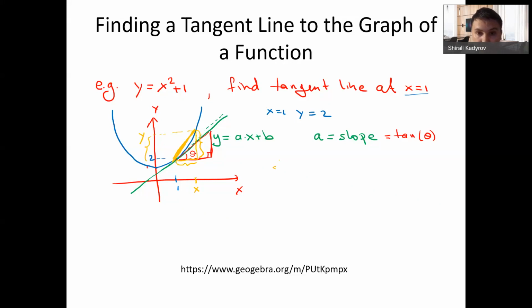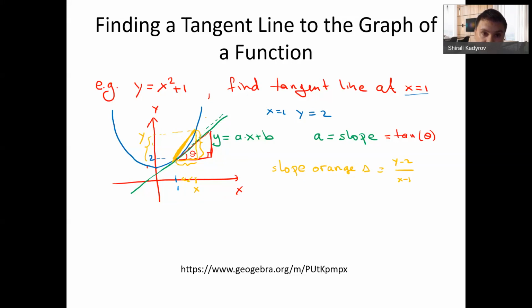So the slope of this orange line is y minus 2 divided by this width, which is x minus 1. So what happens if I let x approach 1? x could also be less than 1, but we'll come to that also.